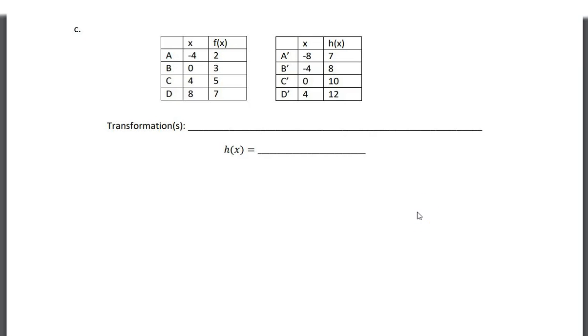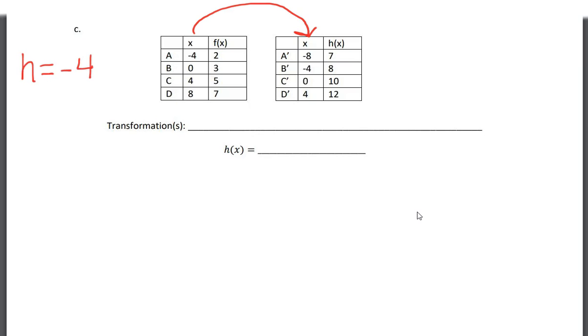Okay, so we have one more. When we do our comparison, we notice that h shifts from -4 to -8. So the numbers are getting smaller and they're going down by 4. So that would mean that h is negative 4.